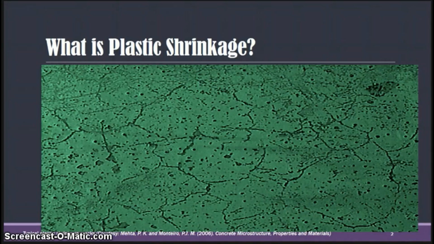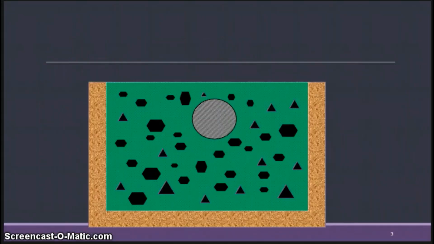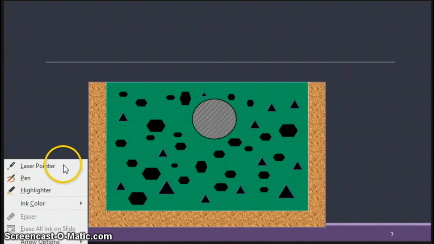Now, whenever the volume change occurs, a downward movement happens in the concrete. Let's go through the diagram here. This is a schematic sketch wherein you have concrete.